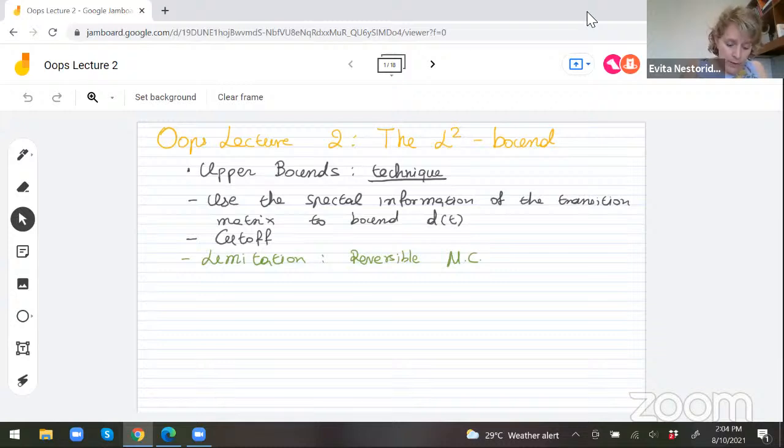And I will finish the discussion by applying the L2 bound, and actually this will be half of the talk today, to the non-backtracking random walk on Ramanujan graphs.